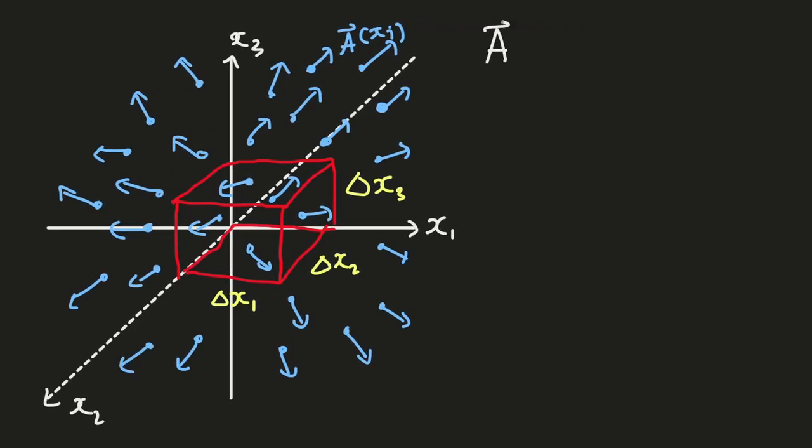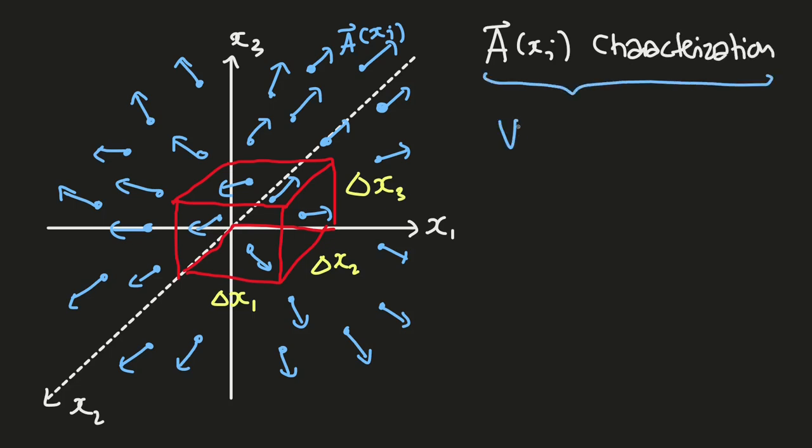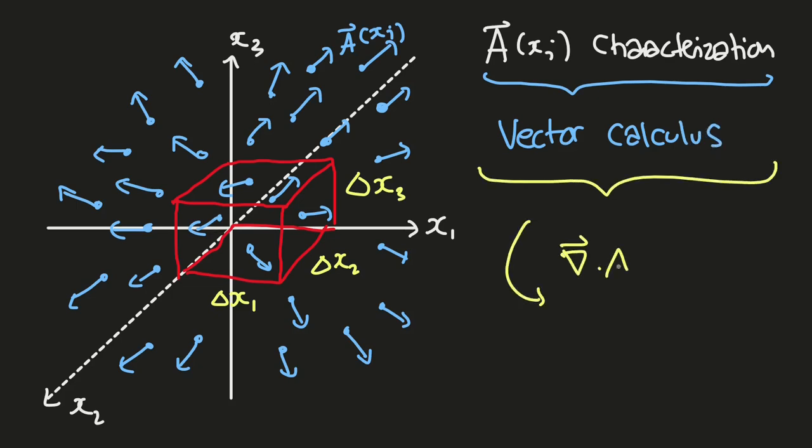The important thing here is that we need vector field characterization, which leads us to vector calculus. We can get started by determining the results of nabla dot A and nabla cross A, where nabla dot A is the divergence and the other one is the curl.